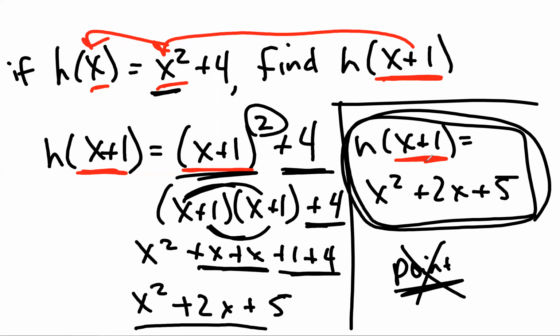If you see a variable in the bottom, the bottom cannot equal 0, because we are not allowed to divide by 0. That's rule number 1. That's not a new concept. We've been doing that pretty much since day 1.